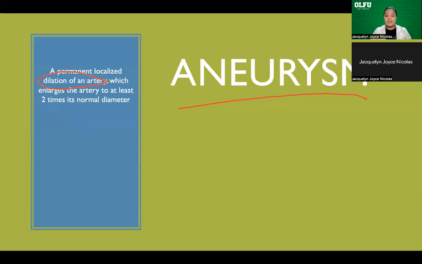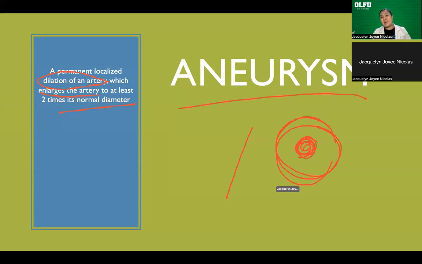Ibig sabihin, if this is the typical circumference of the artery, if there is aneurysm, there will be bigger circumference of the artery. Okay, so it enlarges the artery up to twice its normal diameter. So again, just imagine if this is just the normal diameter of the artery, dodoblehin niya, lalaki siya.